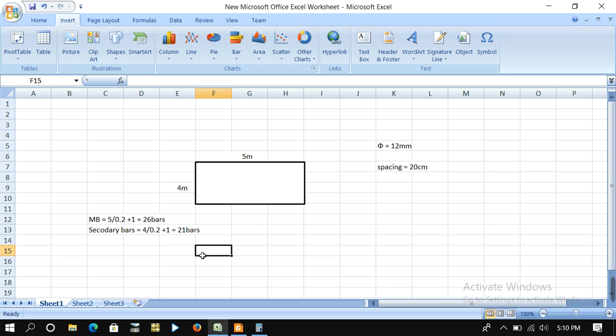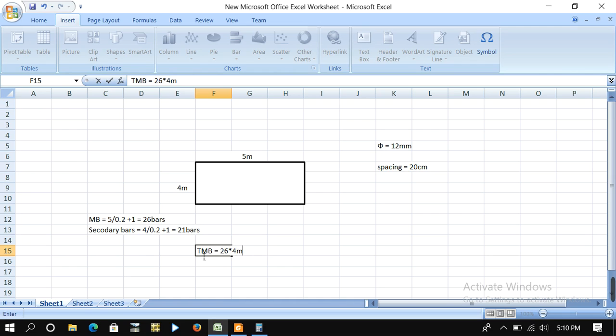So total main bar is equal to 26 times its own length, which is how much? 4 meter. So we're going to have the total length. What we're doing is calculating the total length of the main bar, which we can calculate using a calculator.